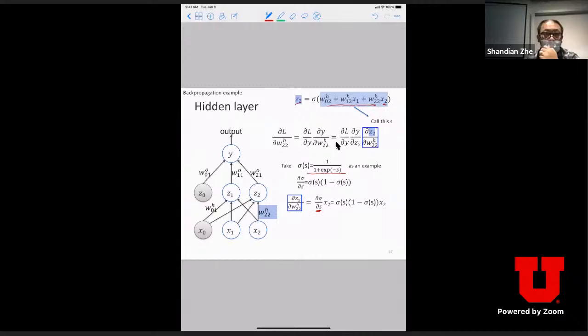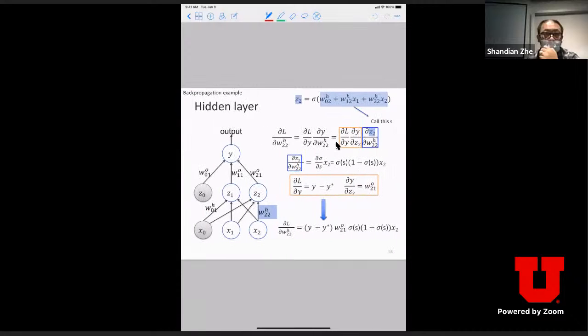And this partial sigmoid over its input is just the sigmoid times 1 minus sigmoid. So we just plug in the result. And finally, we got our result of partial loss with respect to this edge weight W2H, right? So any questions so far from this computation procedure?